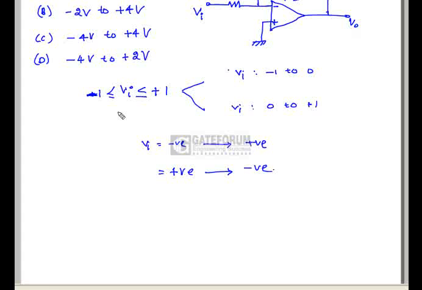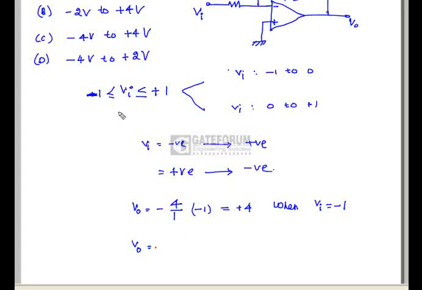Positive means the diode is going to be reverse bias, which is going to act as an open circuit. In that case, V0 equals to -4 by 1 into Vi, this is the case for Vi is negative, that is equals to +4 volts when Vi equals to -1.